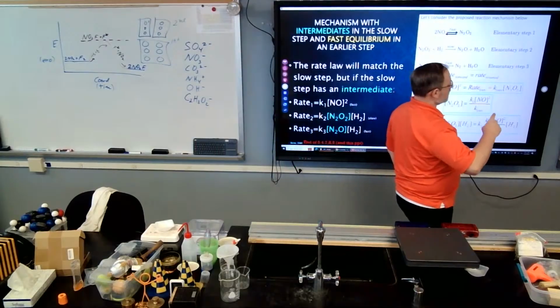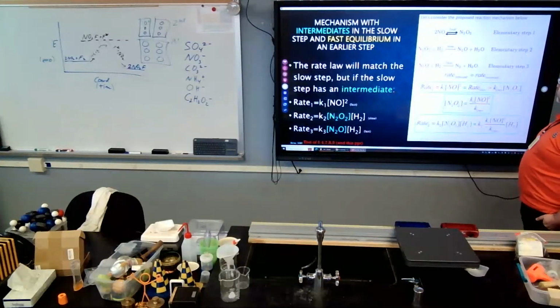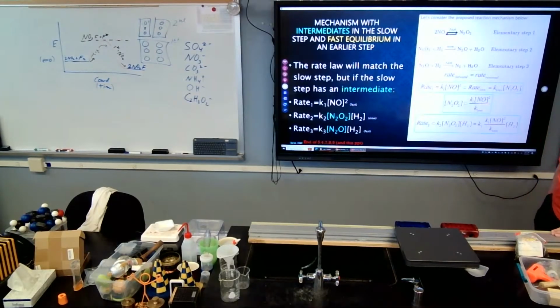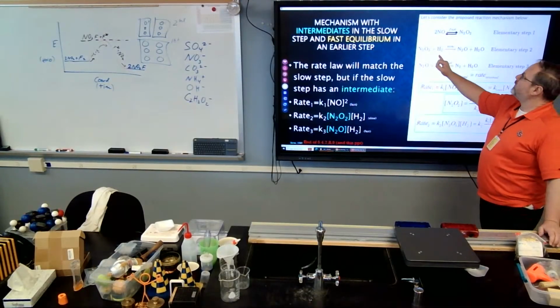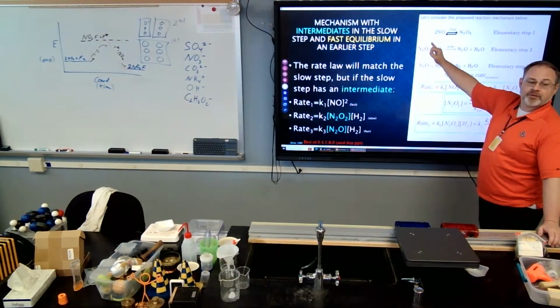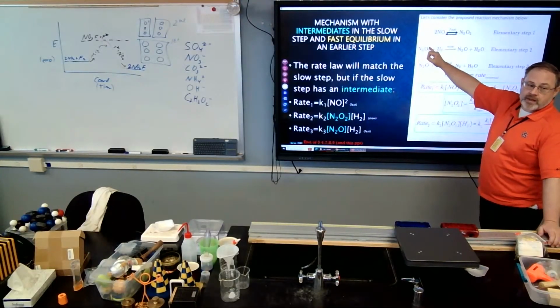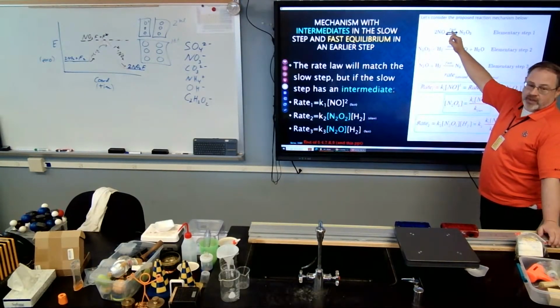Are we expected to memorize that? Heck no. Okay. Too many letters. The only thing I would recommend, again, I would say there's almost no chance of them doing this again, but they always have something to separate the 4s from the 5s. And should you find yourself in that scenario, understand that if you have an intermediate in the slow step, replace the intermediate with what makes it up.